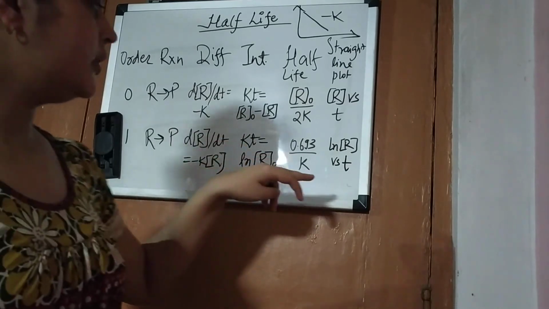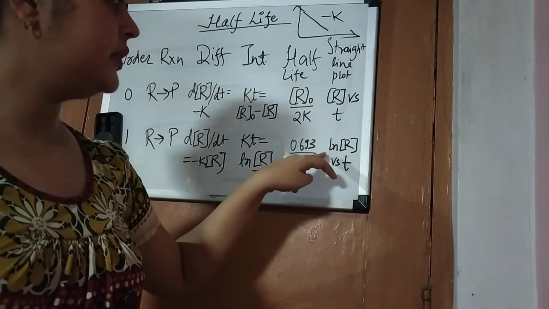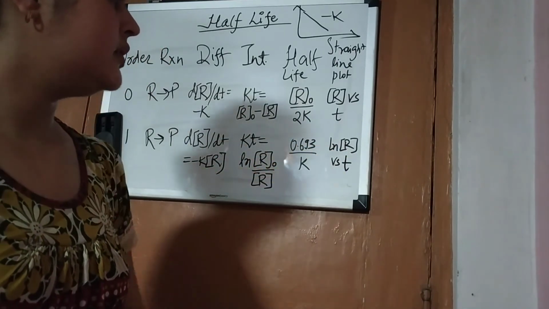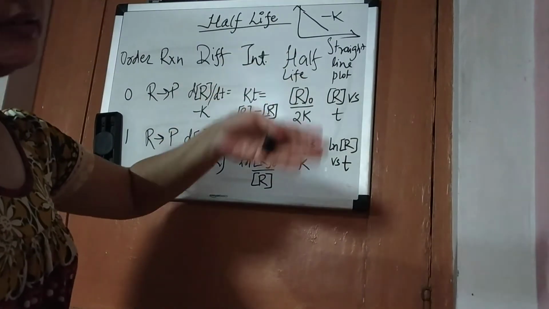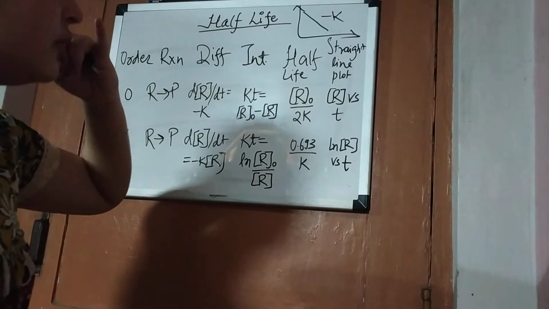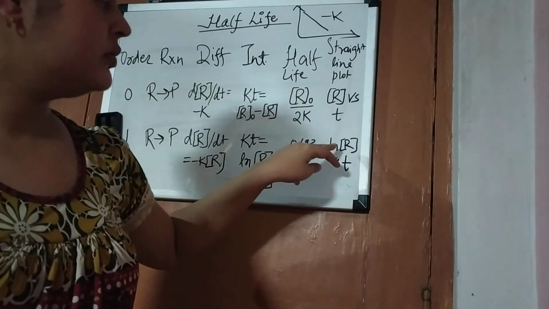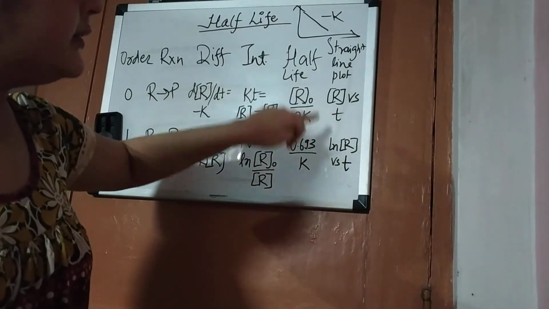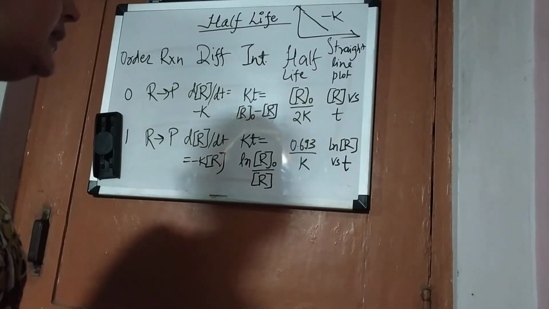Similarly, for first order reaction, if you draw a plot between ln R versus t, that is time, you will get a straight line plot with the slope minus k. In both cases, the slope will be minus k. And here also ln R will be on the y-axis and time will be on the x-axis, right?